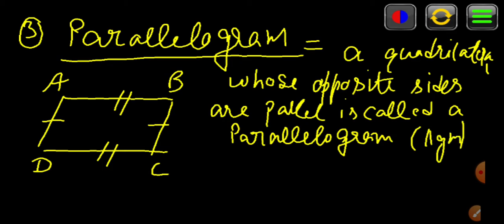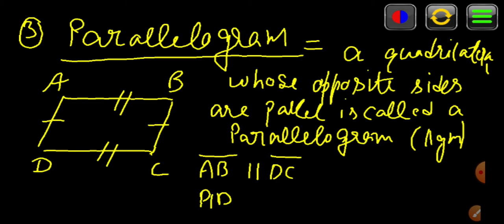So in the quadrilateral ABCD, it is a parallelogram where opposite sides AB is parallel to DC and AD is parallel to BC. So what we define here: opposite sides are parallel, so we will call it a parallelogram.